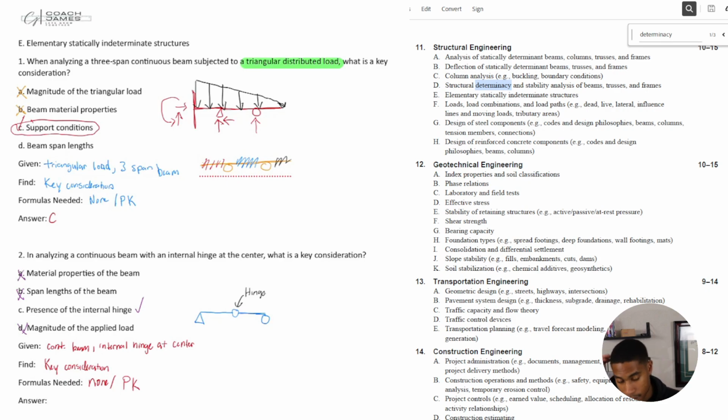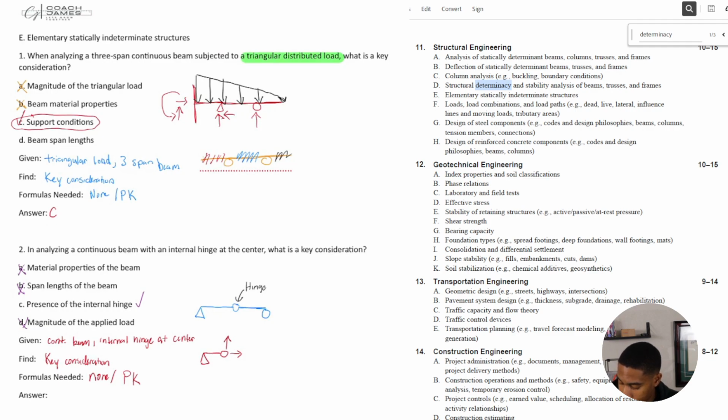So when you put a hinge at the center, it allows the beam to be a lot more flexible as far as loading is concerned. When you break this up and look at what the hinge can do, it's going to have some internal and some external power.